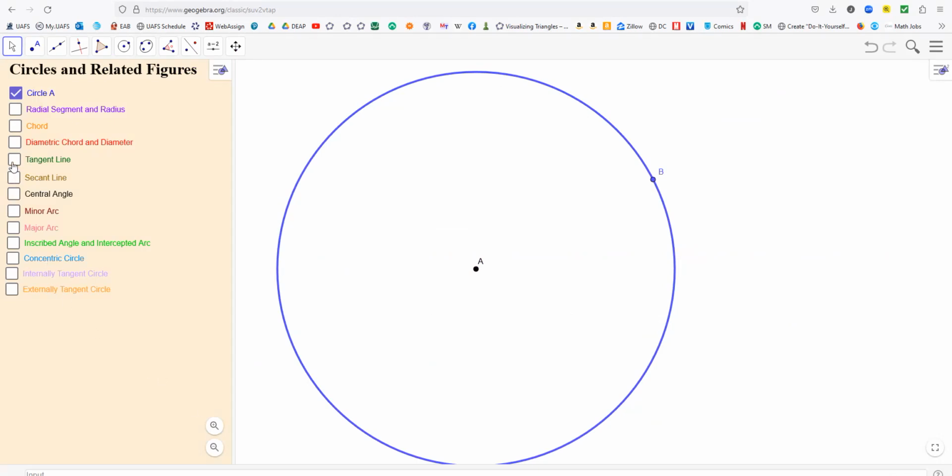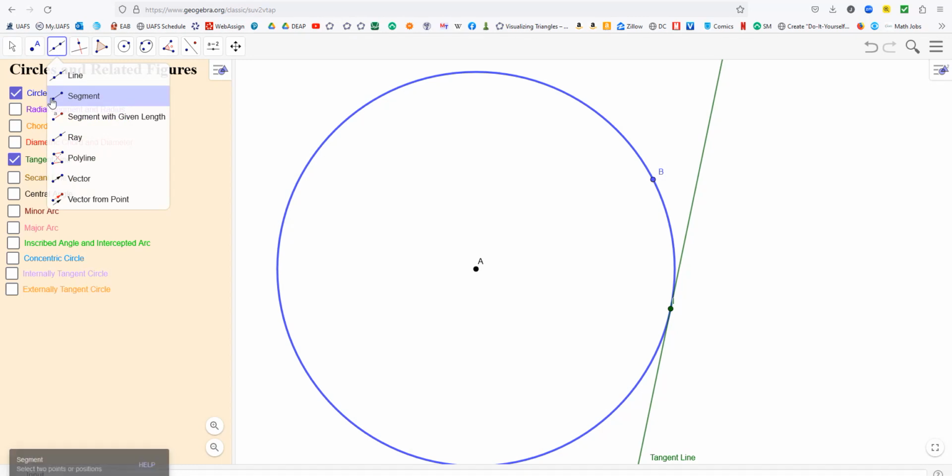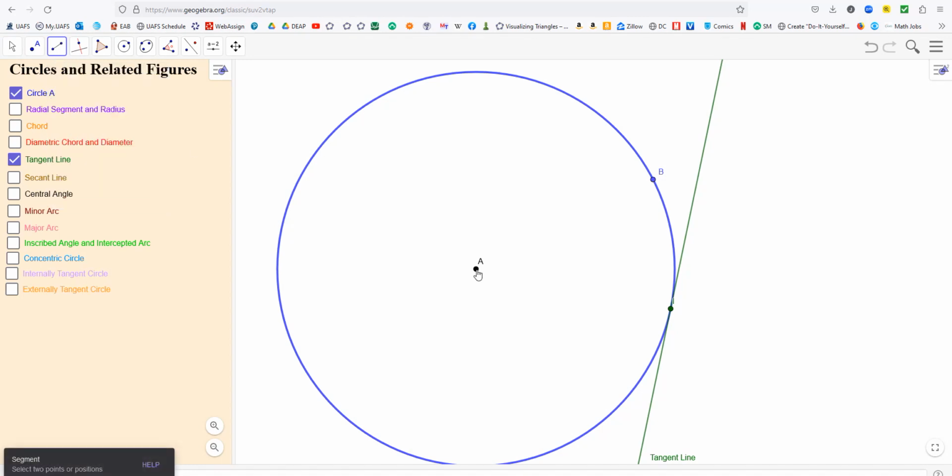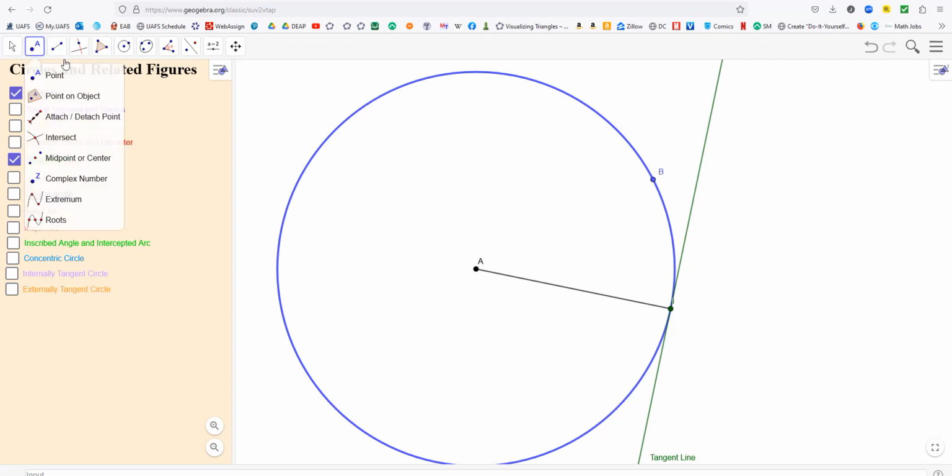So here's a tangent line. And notice that it just touches in exactly 1 point. One interesting thing that we're going to be able to prove at some point is that if we do a radial segment to the point of tangency, check out this angle here.